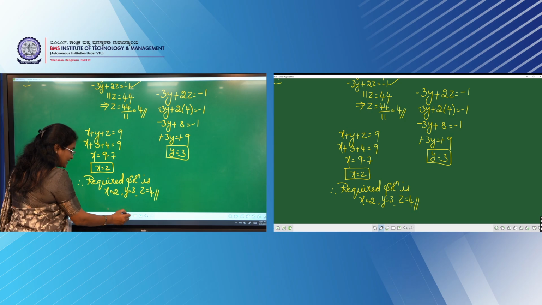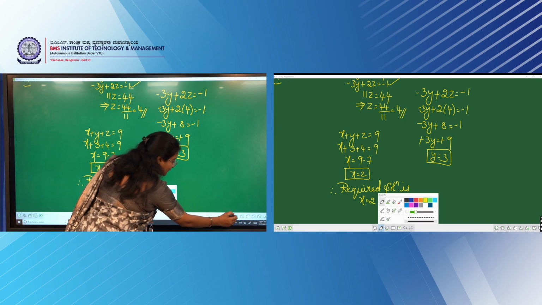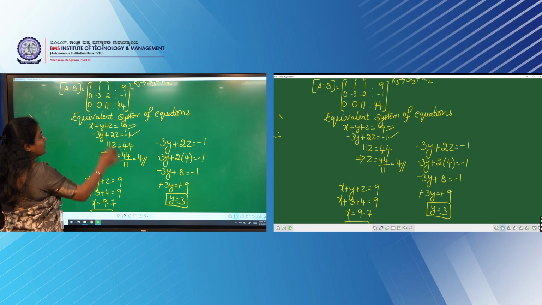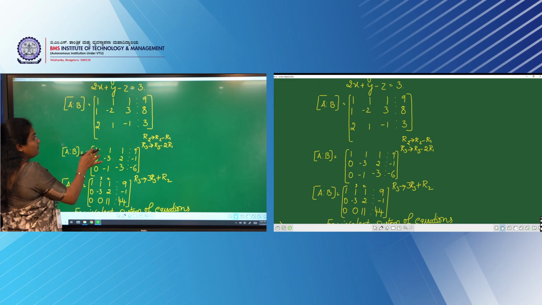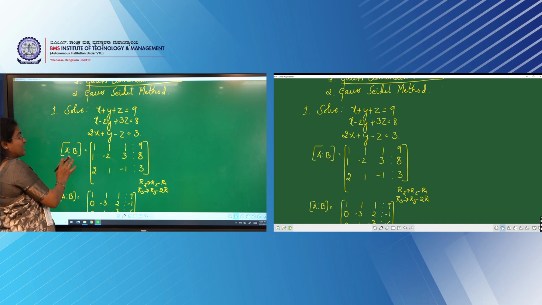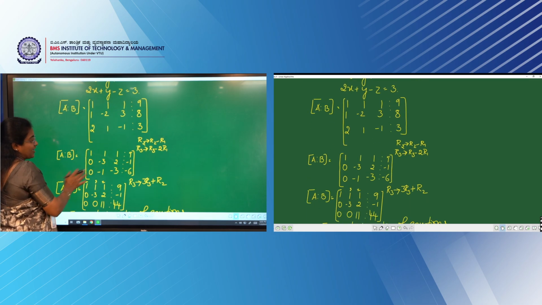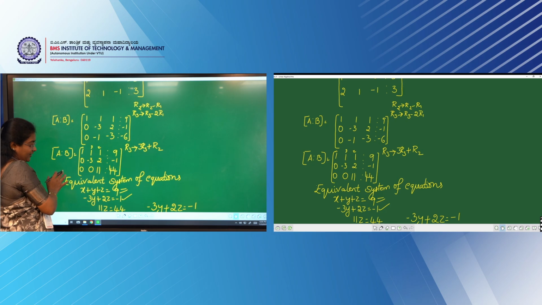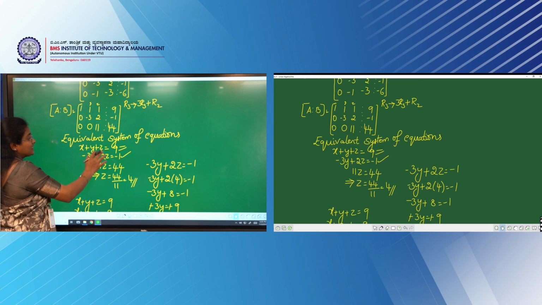So this is how to solve the system of equations by Gauss elimination method. First we considered the augmented matrix. Then using row operations we reduced it to upper triangular matrix. Then we wrote the equivalent system of equations from the reduced matrix.